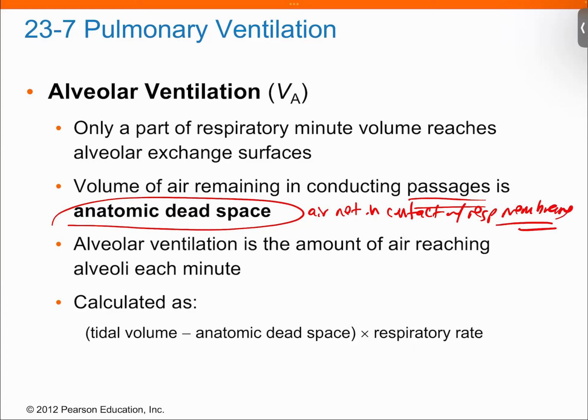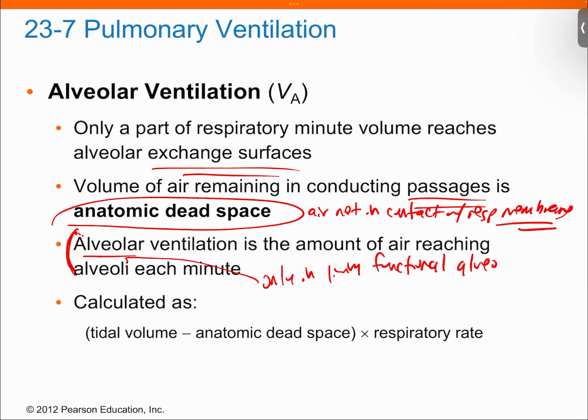And so the important thing, the physiologically active or important area where the exchange surfaces are is only in the alveolus. And it's not only just in the alveolus, but it's actually only in living functional alveoli. Which basically brings me to my next type of dead space, which isn't actually on here, but it is mentioned in some textbooks.